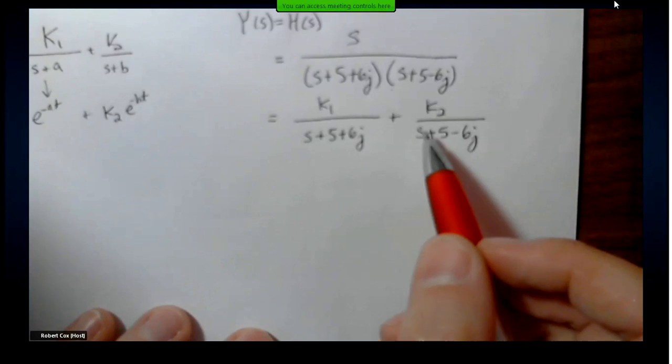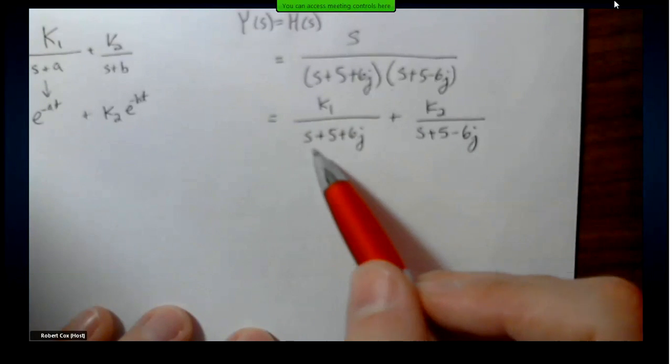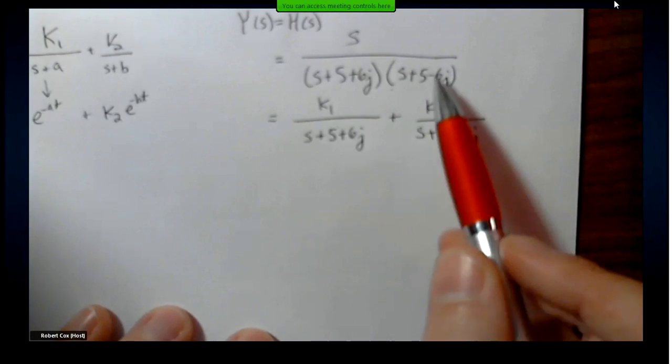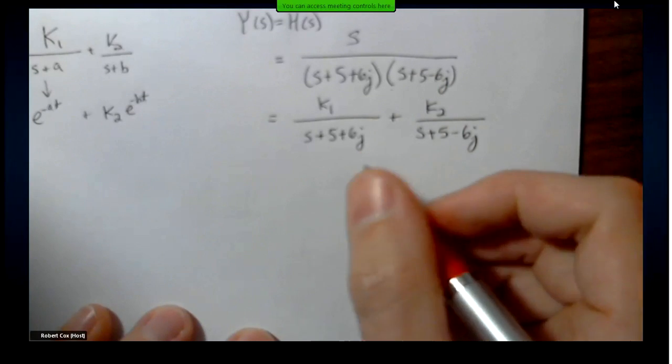So I find a common denominator. Basically, somehow I can add these two things together to get that, and to do that I have to find a common denominator.